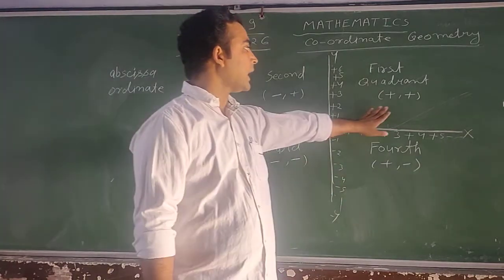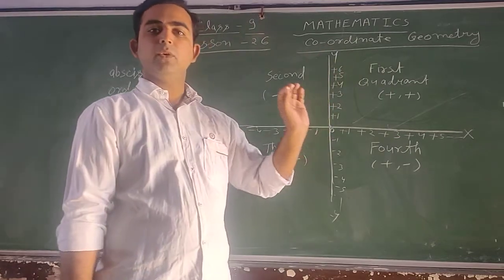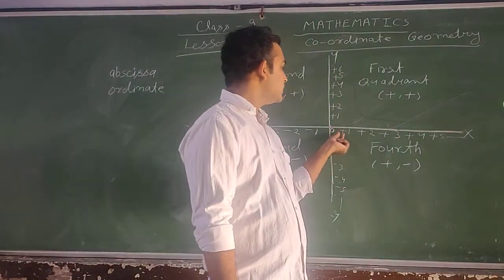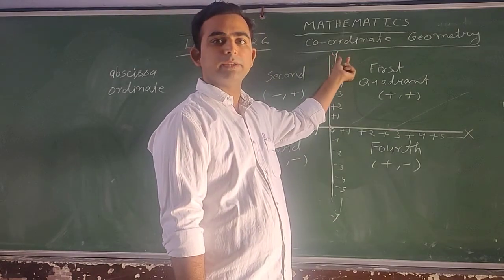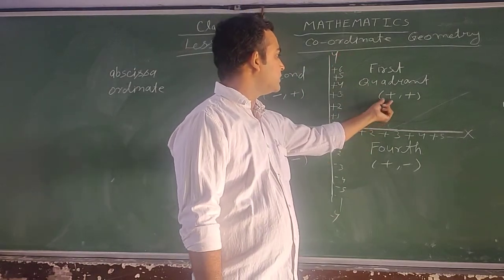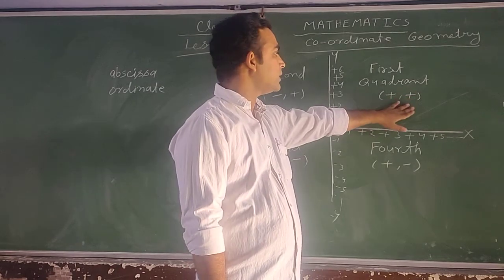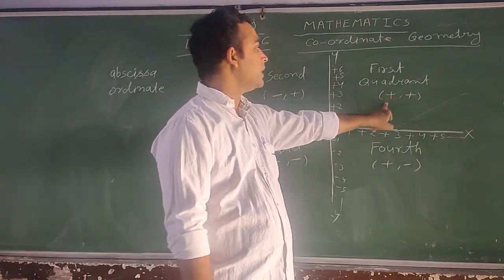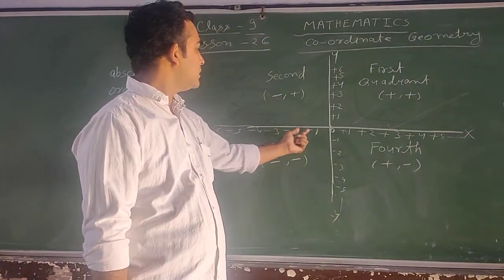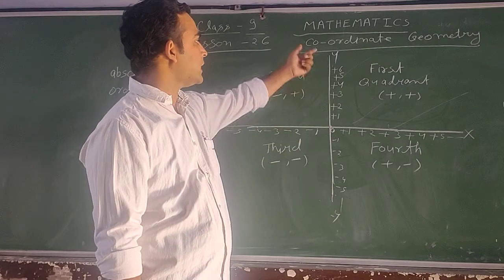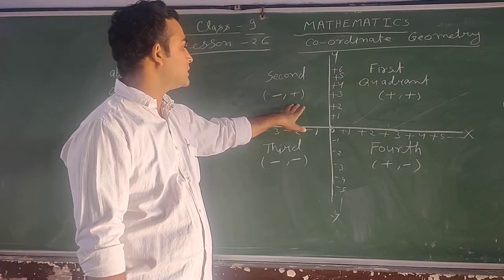Now what is the sign of the first quadrant? In the first quadrant, this is the positive x-axis and this is the positive y-axis. That's why the sign will be plus and plus. In the second quadrant this sign is minus and this sign is plus, so the sign will be minus and plus.